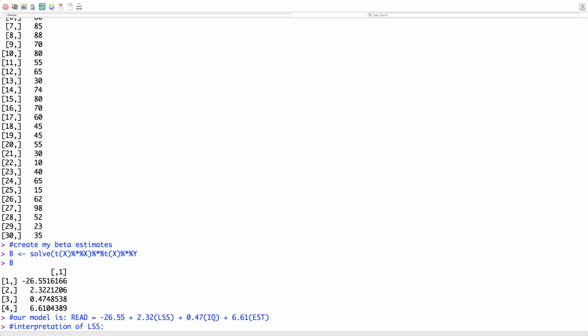So the interpretation of LSS, the beta coefficient estimate, is 2.32. What we would say here is, controlling for IQ and EST, the predicted read increases 2.32 units with each unit increase in LSS.